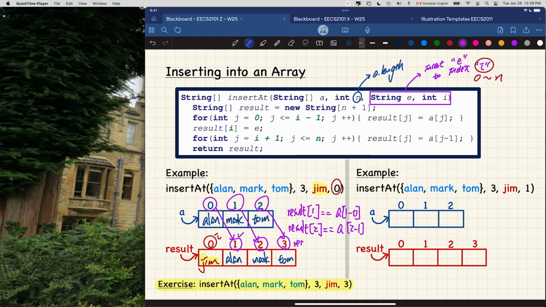And also result at index 3 is equal to A and then 3 minus 1, right? So I beg your pardon, the first one is definitely not the case. It should be 1 minus 1. So the minus 1 here is really the key, right? Minus 1 here, minus 1 here, minus 1 here. So that's exactly what you will see in this particular iteration here, right? That's what you will see. All right. In order to assign this, you should go to the location that's 1 less in the input array.